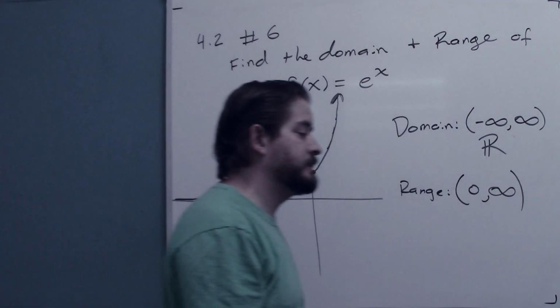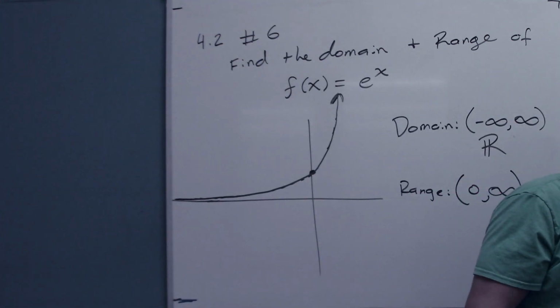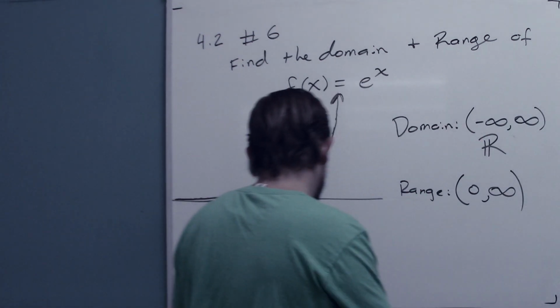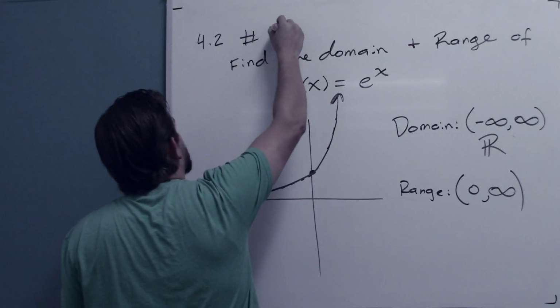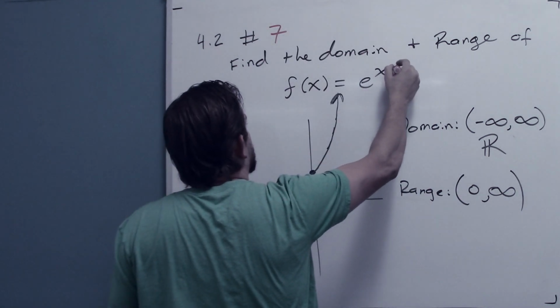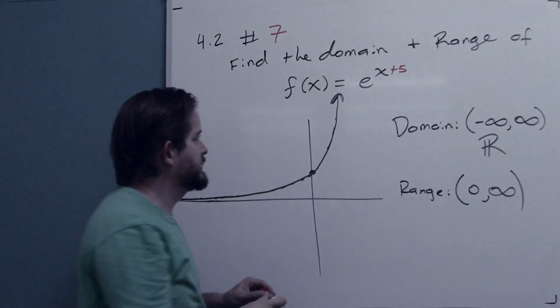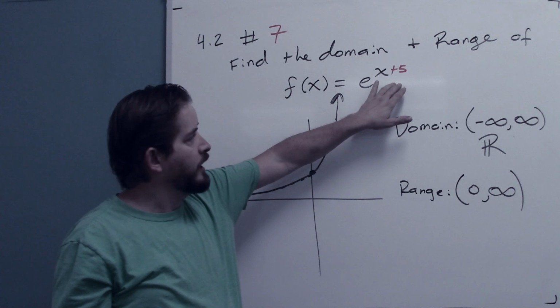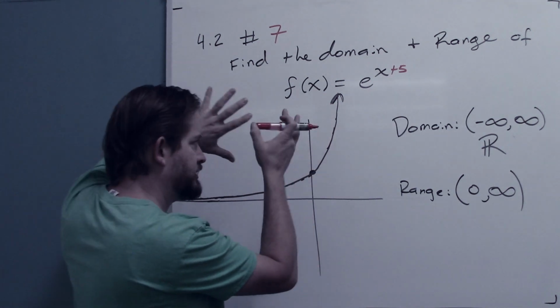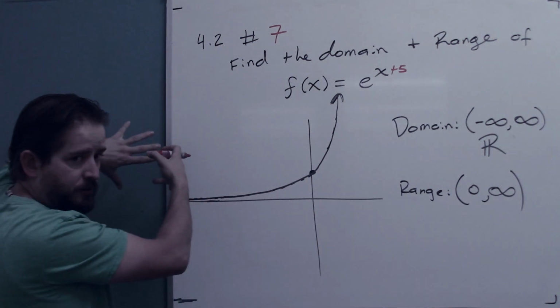Number 7 is similar, except our function gets changed to x plus 5. So it's the same function, f of x equals e to the, but it's not just x, it's x plus 5 now. The only thing that does is take this graph and shove it to the left, right?